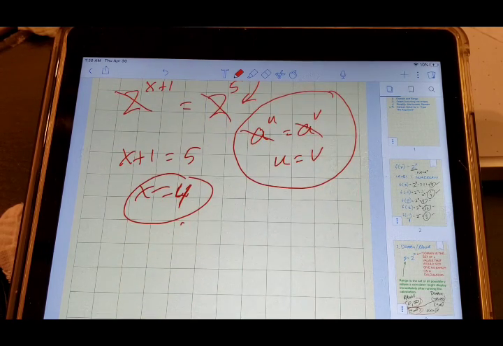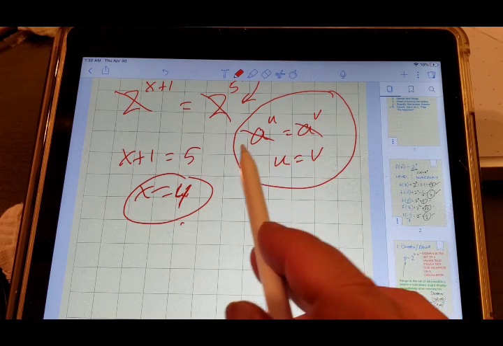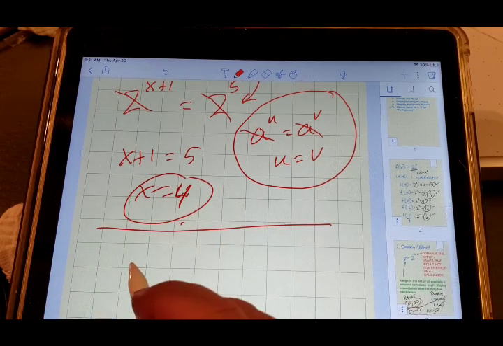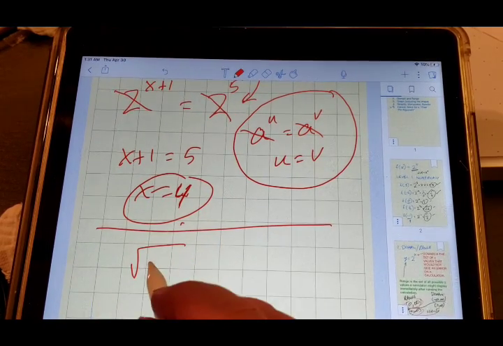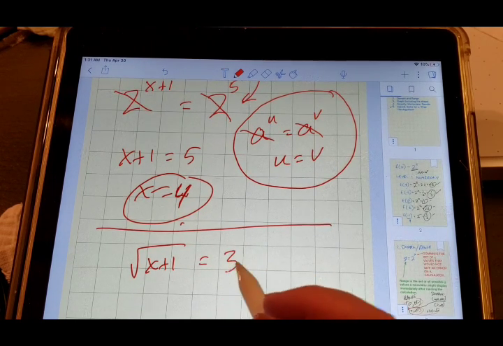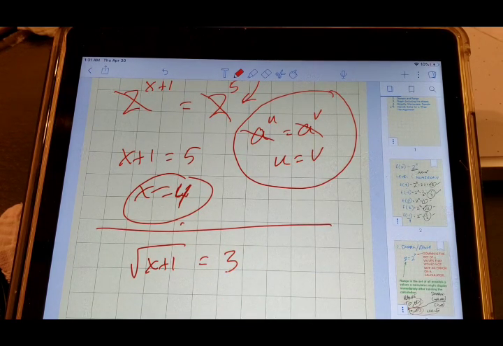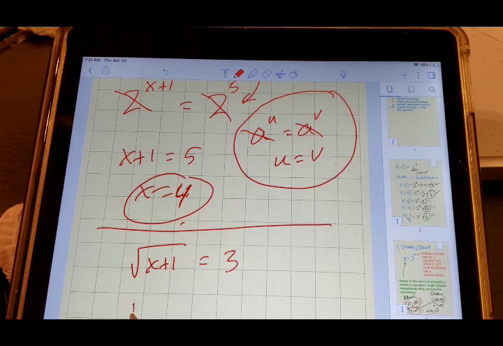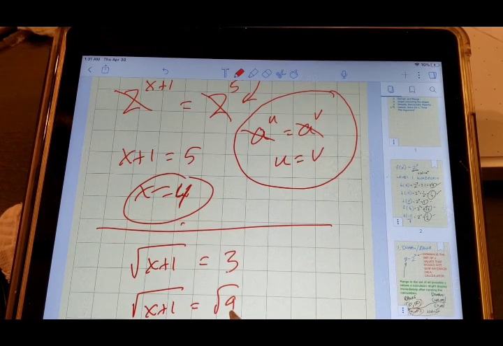So in other words, we could get this, but we're going about it in a fairly unusual way, this idea of canceling a function. So here's what it reminds me of. Let's say I trained you to solve the square root of x plus 1 equals 3, not by squaring both sides, but instead by changing that 3 to the square root of 9.